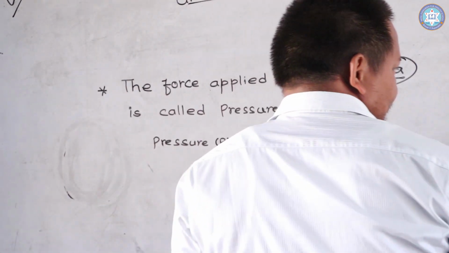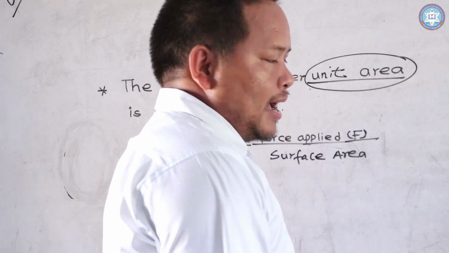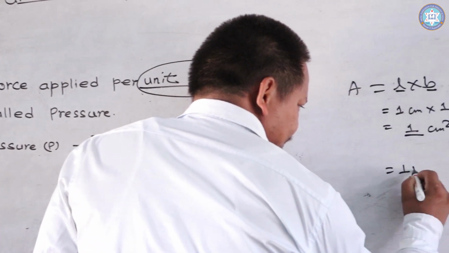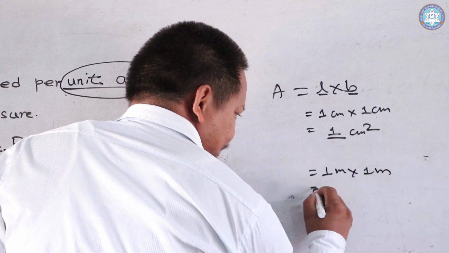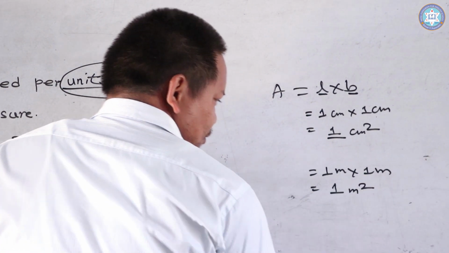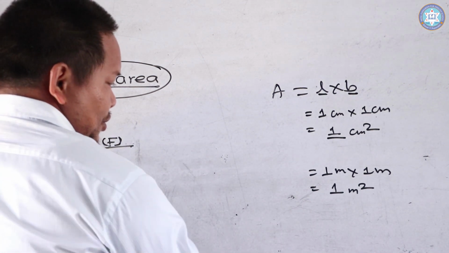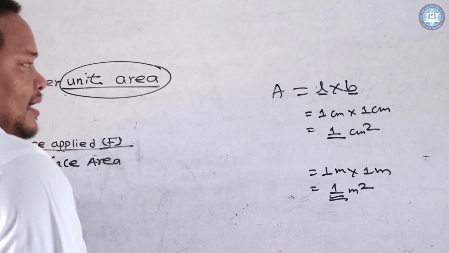Similarly, if length and breadth are in meter, this is also 1 meter square, then this is also unit area.